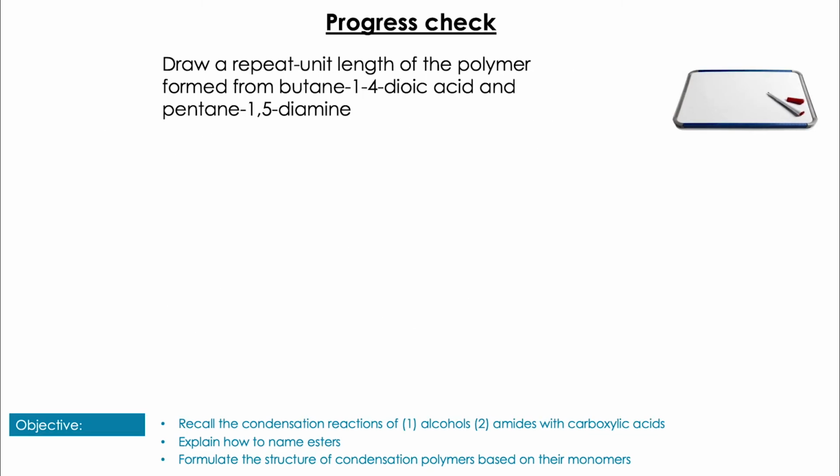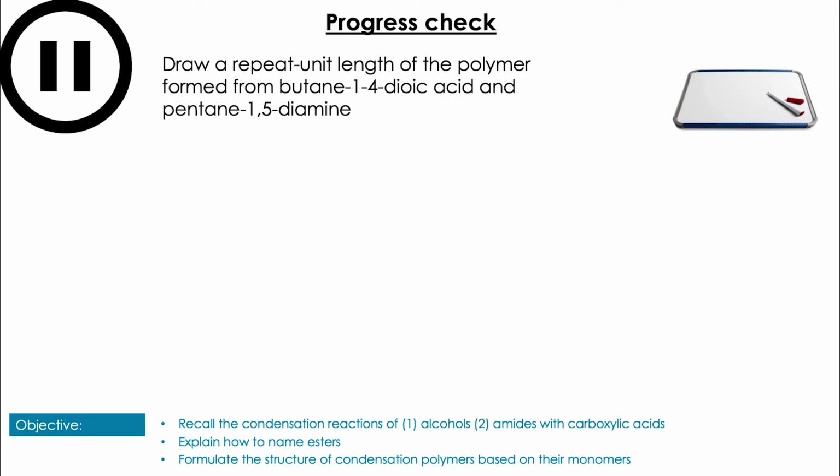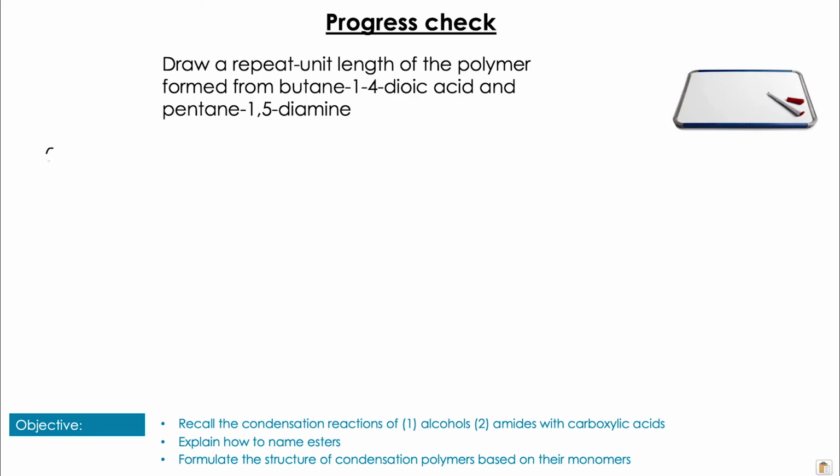One more question. Draw the repeat unit with the same dicarboxylic acid but with pentane-1,5-diamine. Pause the video to have a go. Pop them up! Once again, I'm going to draw both of the monomers out first with the R groups condensed here for the sake of ease.